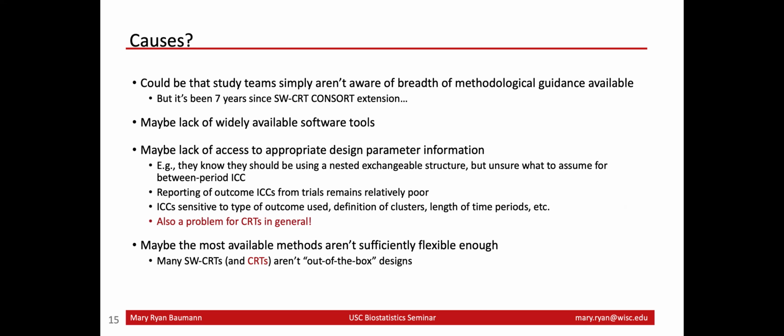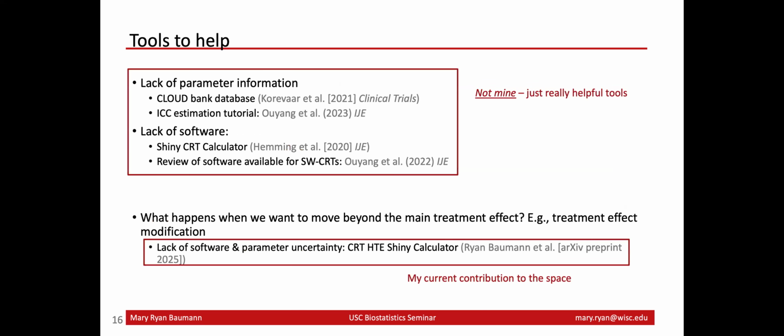So how do we overcome some of these causes? There have been several tools that have been developed over the years to help with this. When it comes to lack of parameter information, you have the CLOUD Bank database that was released in 2021, as well as some tutorials around different ways of estimating your ICC for trial design.